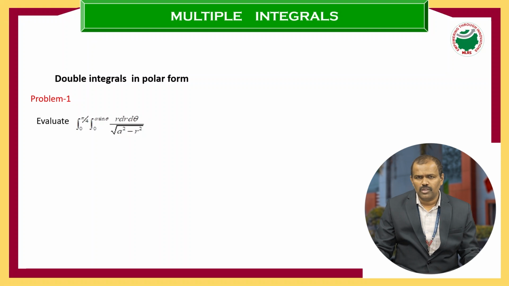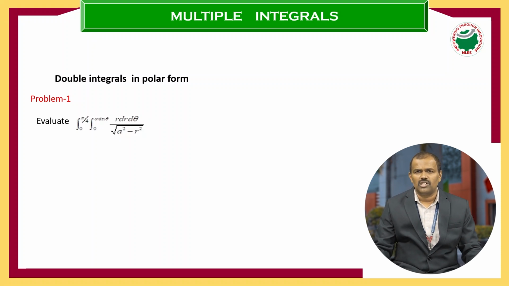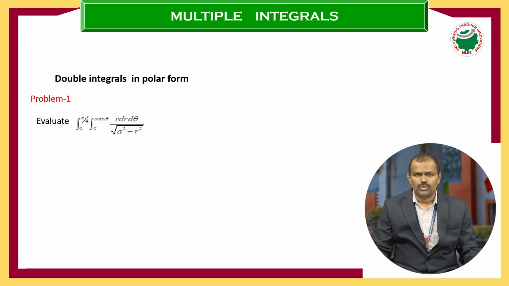Here we have two types of questions in double integrals. Some questions are in terms of x and y, that is Cartesian form problems. Some questions are in terms of r and theta, that is polar form problems.